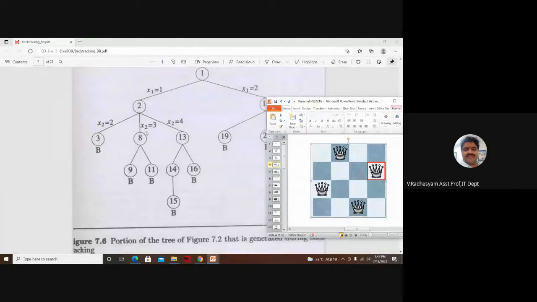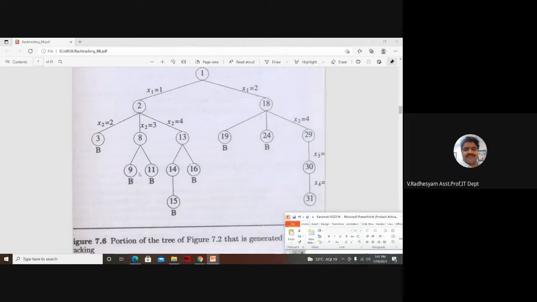If x2 is placed in the third column, this is x3. Then here also attacks will come. These two D represent attacks. Here attacks will come. So that's why these two are also not possible. So we realized that we should not go with these x3 values. x3 values are wrong, and x2 is also wrong. We'll go with x2 as 4, and we'll start doing something.